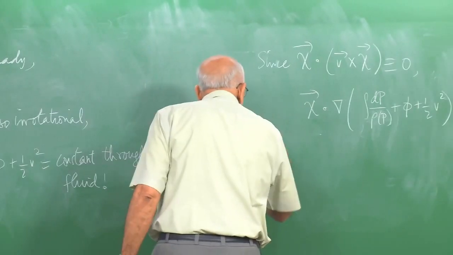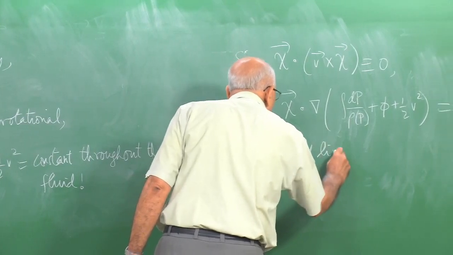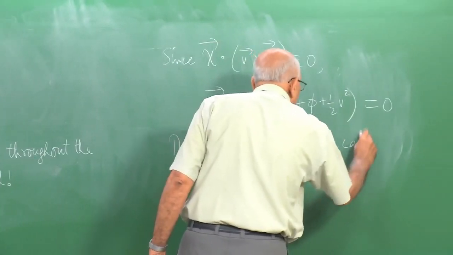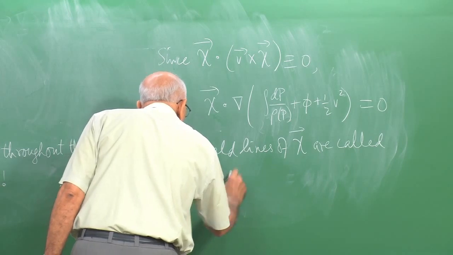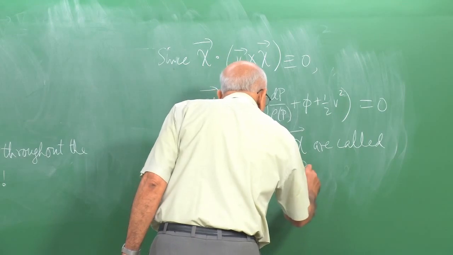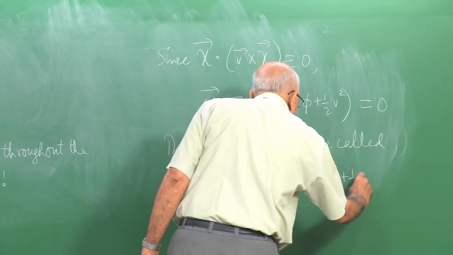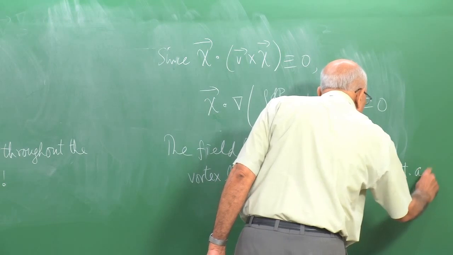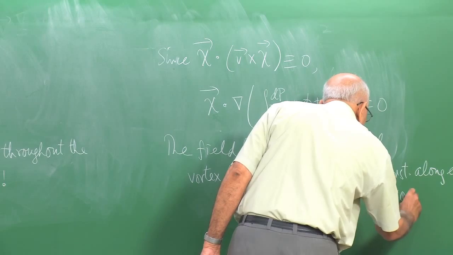So, the field lines of chi are called vortex lines, and integral dp over rho of p plus phi plus half V squared equal to constant along each vortex line.